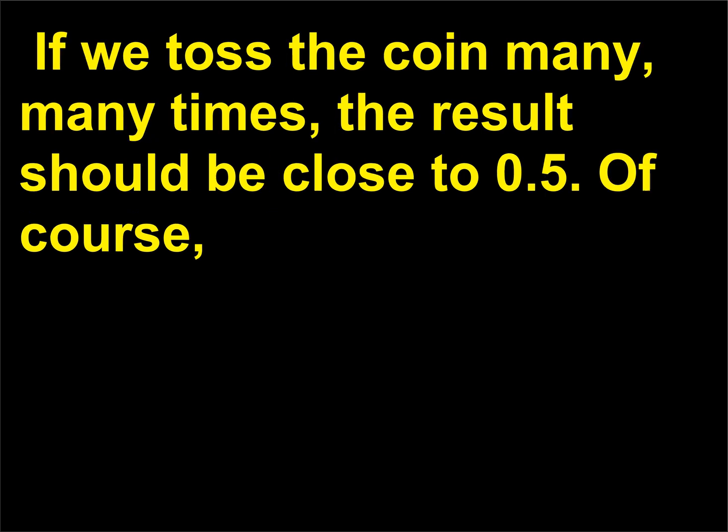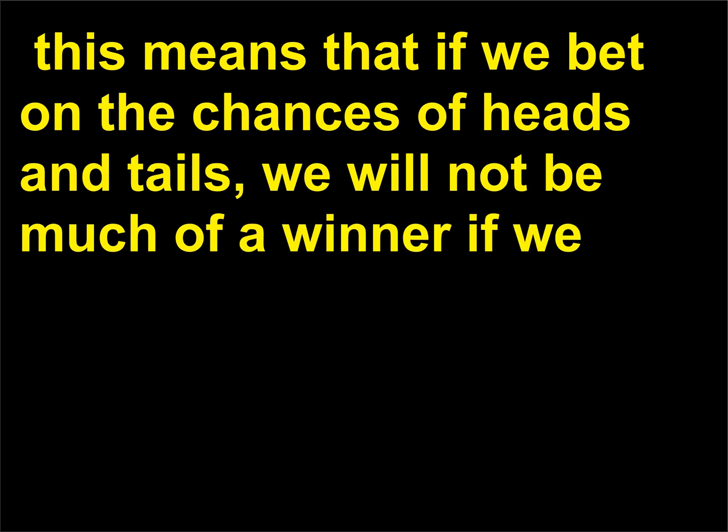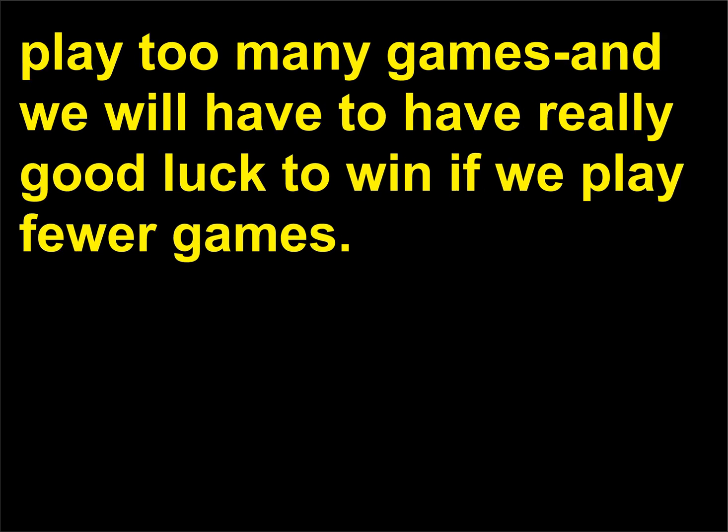If we toss the coin many times, the result should be close to 0.5. Of course. This means that if we bet on the chances of heads and tails, we will not be much of a winner if we play too many games, and we will have to have really good luck to win if we play fewer games.